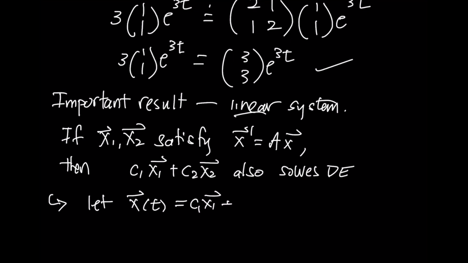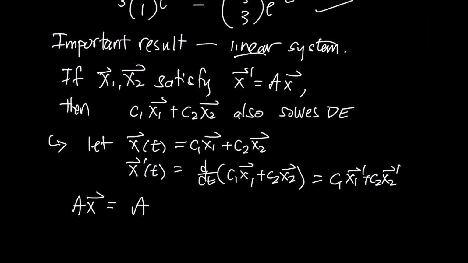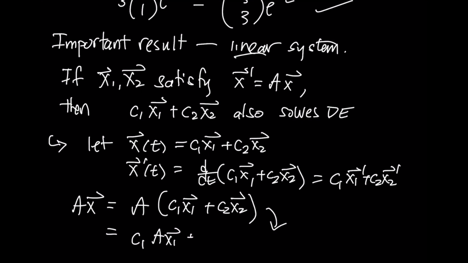The derivative of this thing would simply be the derivative of this expression above, which by linearity of the derivative is going to give me c1x1 prime plus c2x2 prime. And if I were to take the matrix vector product here, I'd have the matrix A times (c1x1 plus c2x2), and by linearity of the matrix vector product, I'm going to get c1Ax1 plus c2Ax2.